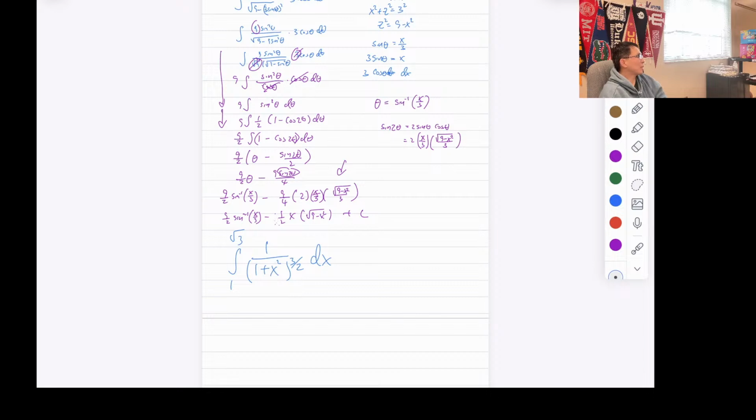Would you say Calc 3 is more or less arithmetic than this? About the same, right? About the same? Yeah, let's go.